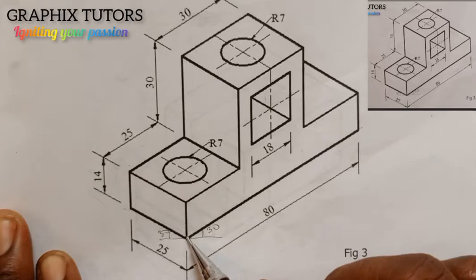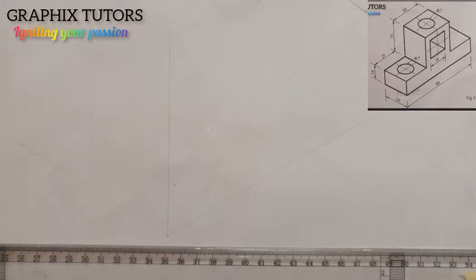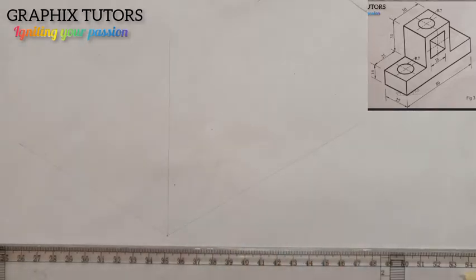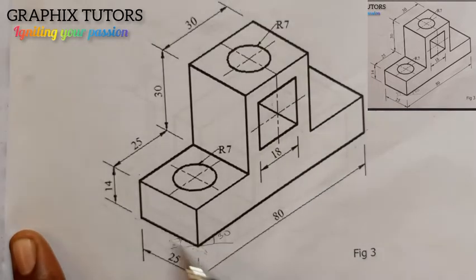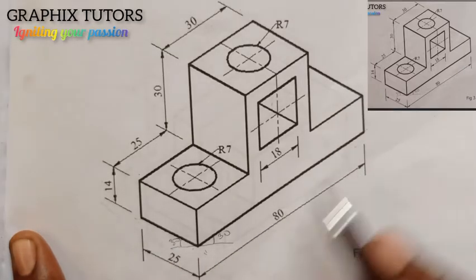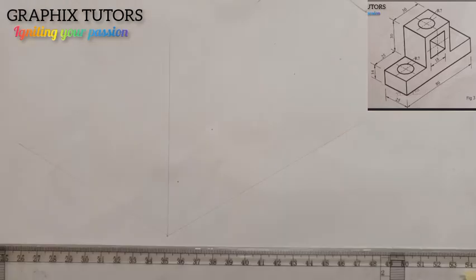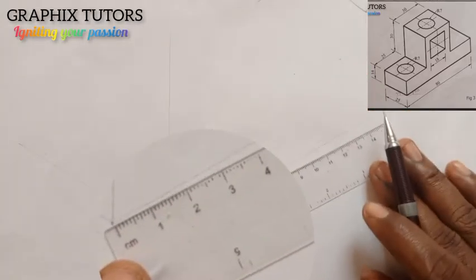Now from here, is 80, and this is the 80 we're talking about, and the other side is 25. So let me measure 80 at the right hand and 25 at the other side. So from this point, as I said earlier, is 80.